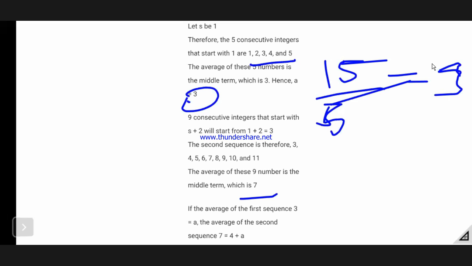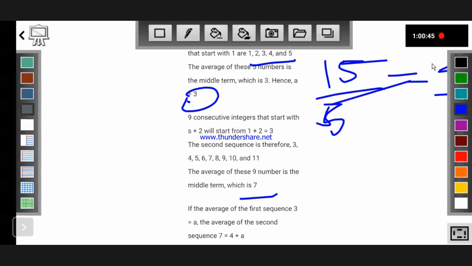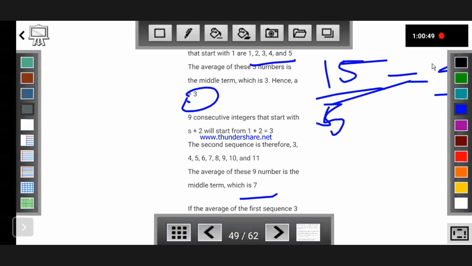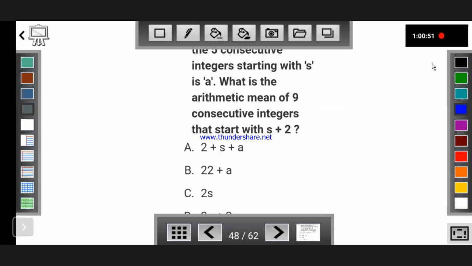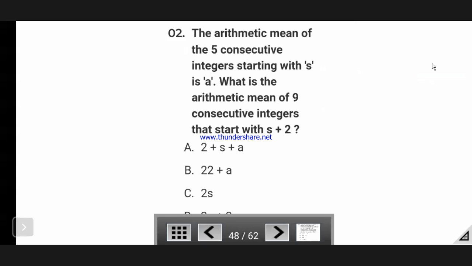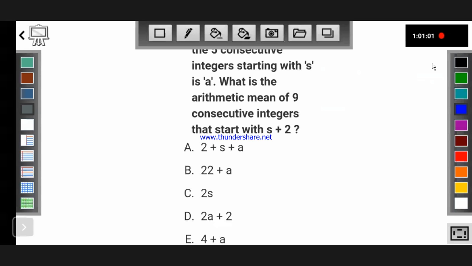The average of the first sequence is 3, and the average of the second is 7. So for the first 9 numbers, the value is 4 plus A.